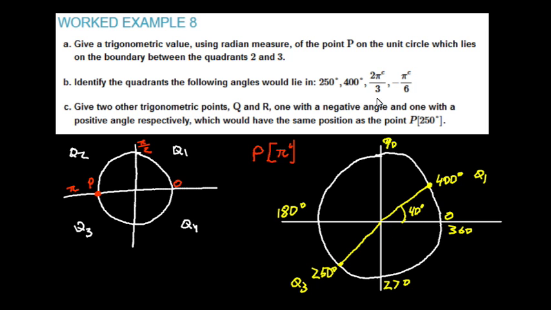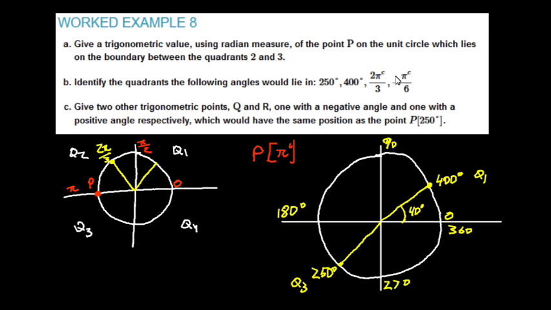The third one, 2 pi on 3. Might go back to this triangle over here. So pi would be half a circle, and I want 2 pi on 3. So think about it, cut into thirds, and I've got 2/3. So 2 pi on 3 would be over here in quadrant 2.